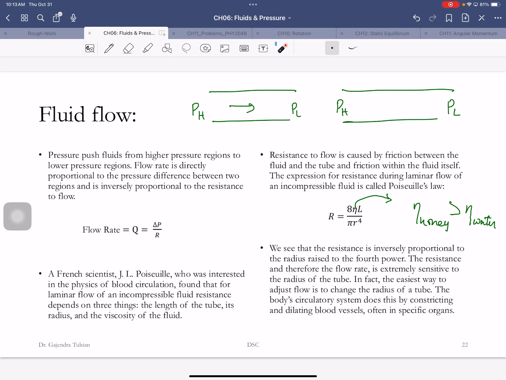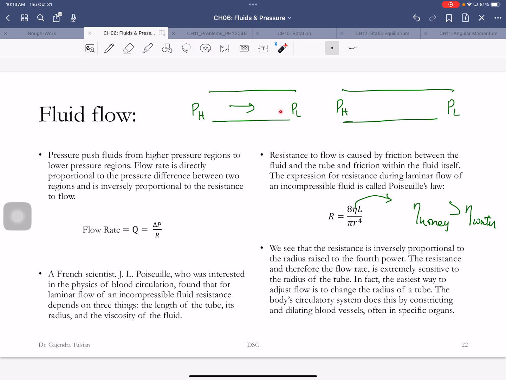Okay, so here is the most important part for medicine. So let's make sure we understand this. You want to increase the flow rate. To increase the flow rate, you can either increase the pressure difference or decrease R. To increase the pressure difference, you want to maintain a larger pressure difference.